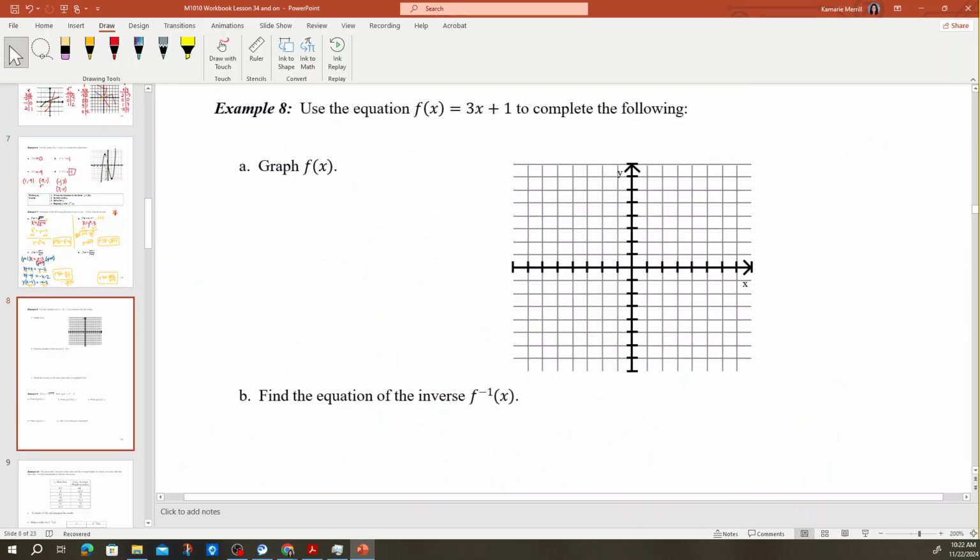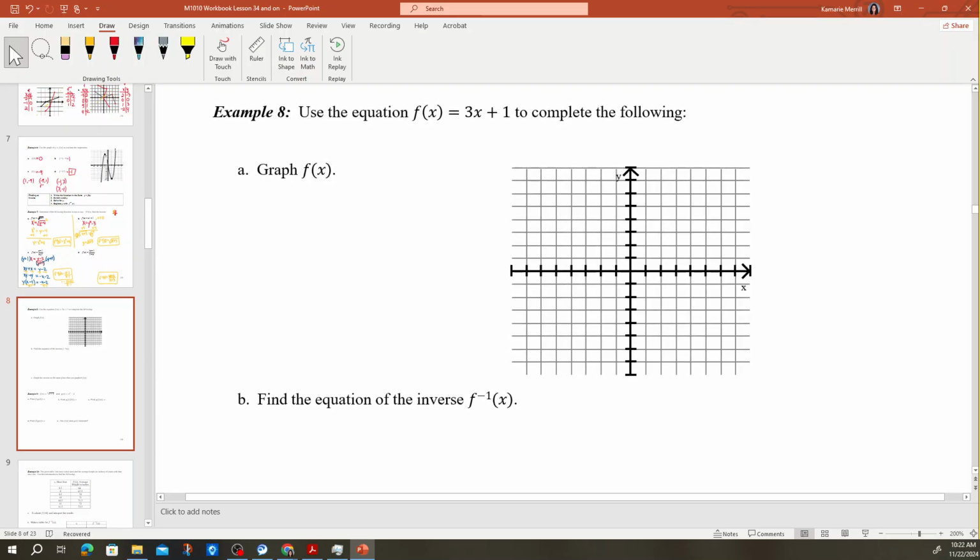So with inverses, this one says use the equation 3x plus 1 to complete the following process. This one asks us to graph f of x. So we have a y-intercept of 1, up 3 over 1, and we graph it.